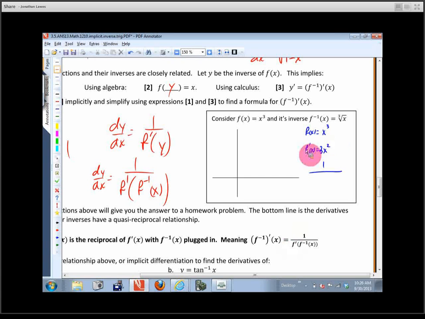What is the derivative of the original function? 3 something squared. And what is that something that we're supposed to plug in? The inverse function, which is the cube root function. So that's going to be the cube root of x.